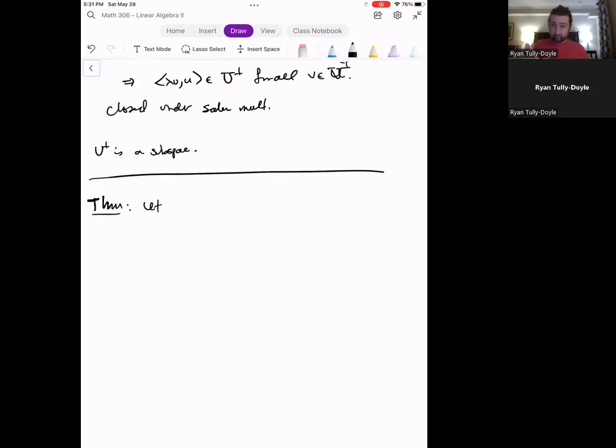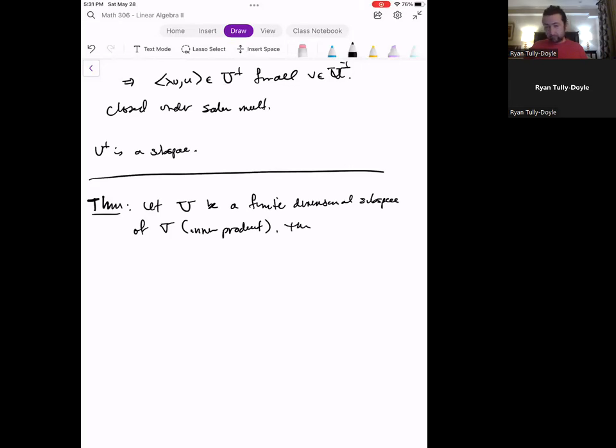So if we start not with a subset now, but an actual subspace, if we let U be a finite dimensional subspace of V, and I haven't said it yet, but I should, V here is assumed to be an inner product space, so that the idea of taking an orthogonal complement even makes sense at all.